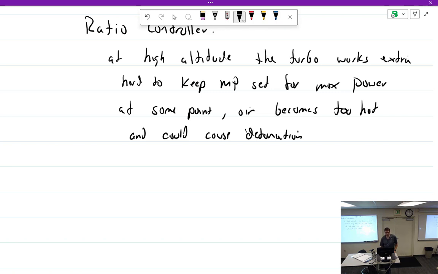So ratio controller, we'll make that A, make this B, ratio controller. Keeps this from happening.